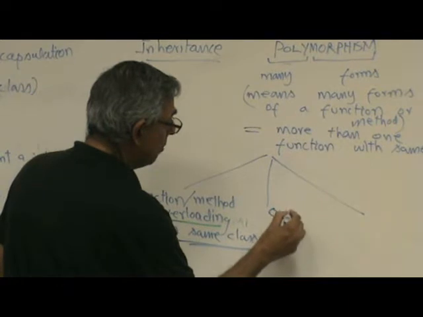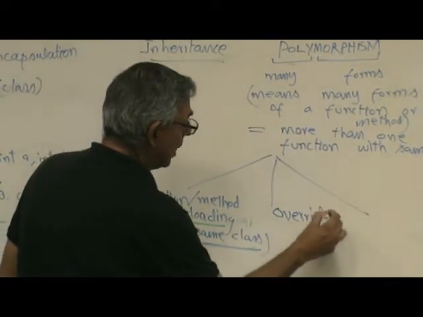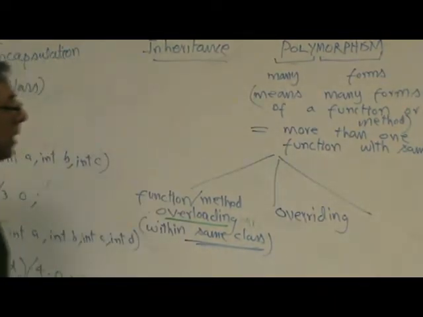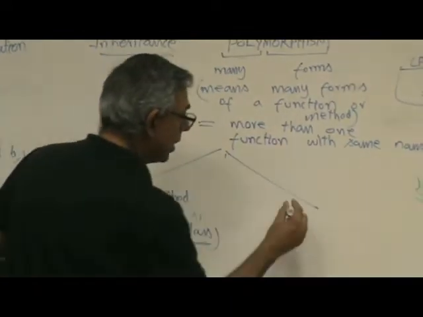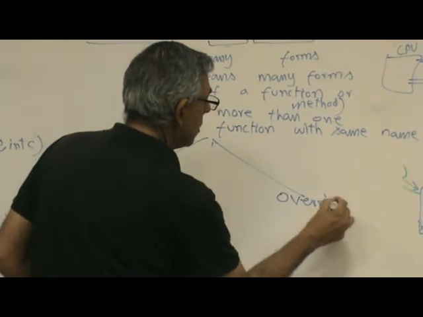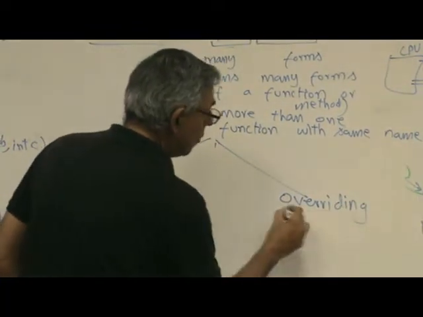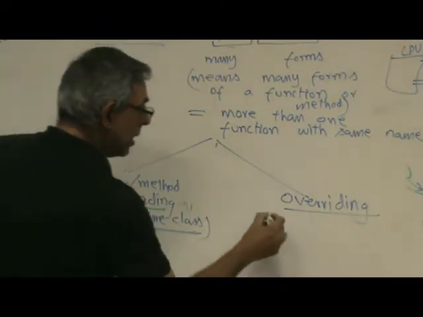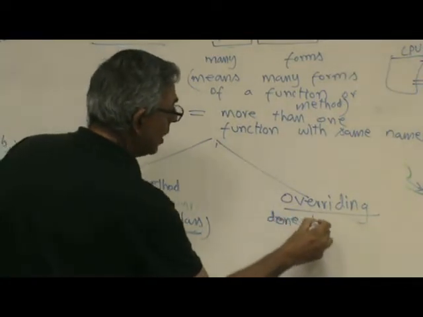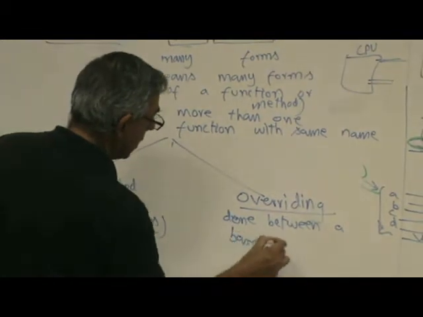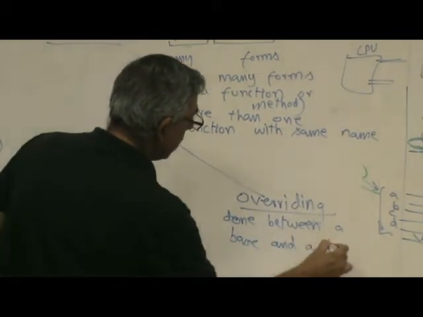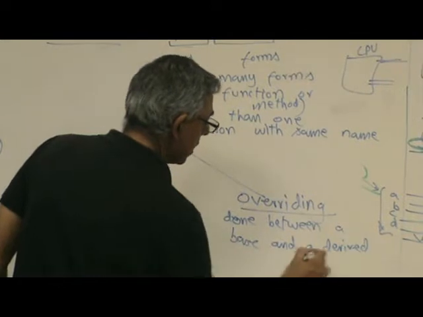The second form of polymorphism is overriding. Overriding is done between a base and a derived class.